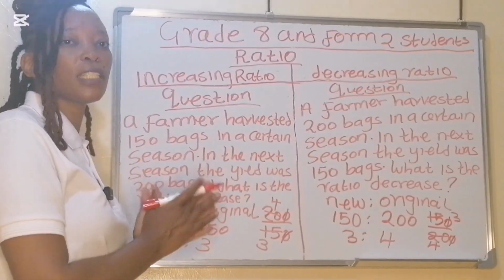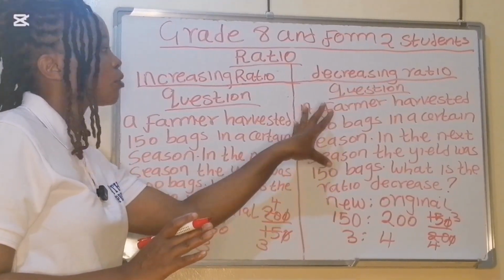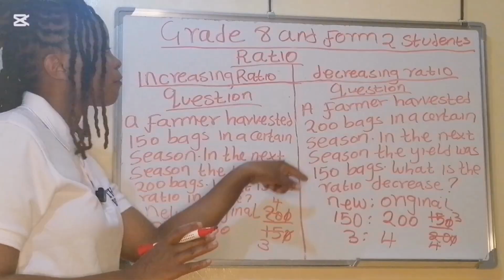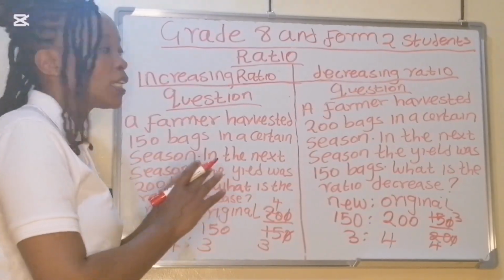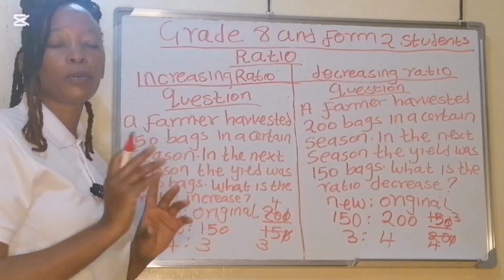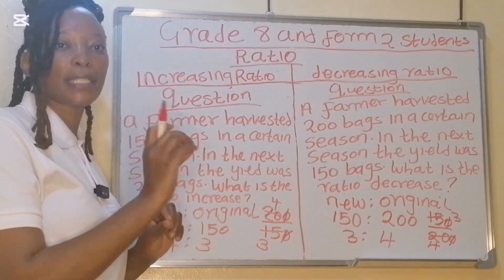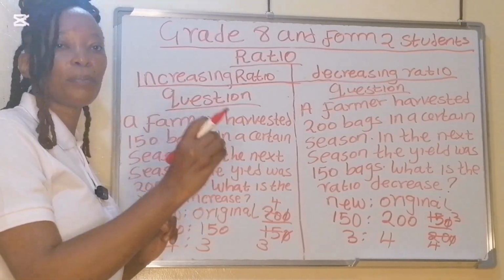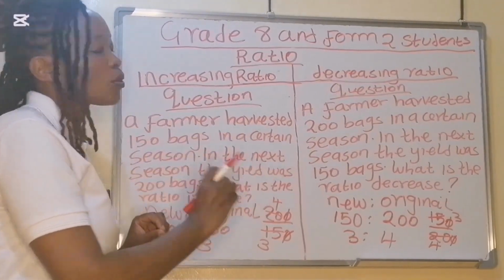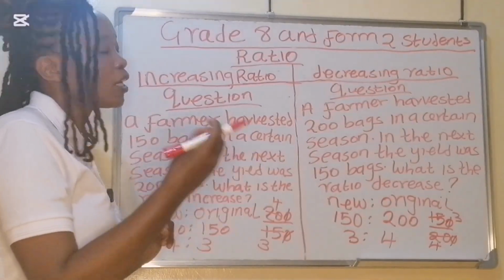You do not need to cram questions. Don't even cram a question thinking they will bring a farmer. They can bring even another person, not only a farmer. Don't cram questions. Just know the concept. Understand what I need to know so that I can answer questions on increasing and decreasing ratio.